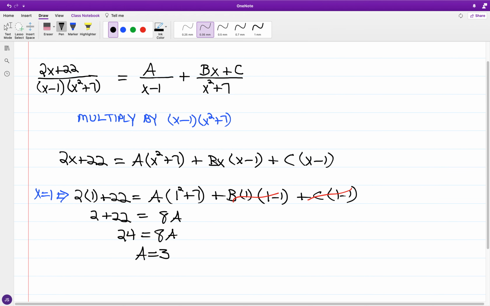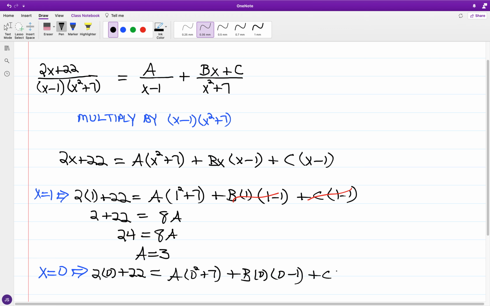Now, the other 0 I can apply will come from the standalone monomial factor x. And if I set this equal to 0, so I'm going to have 2 times 0 plus 22. Again, we have equal to a times the quantity of 0 squared plus 7 plus b times 0 times 0 minus 1 plus c times the quantity of 0 minus 1.